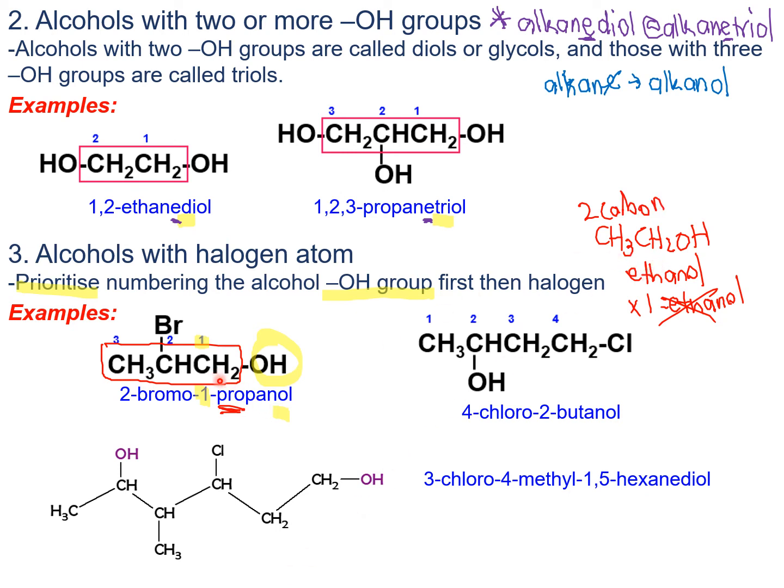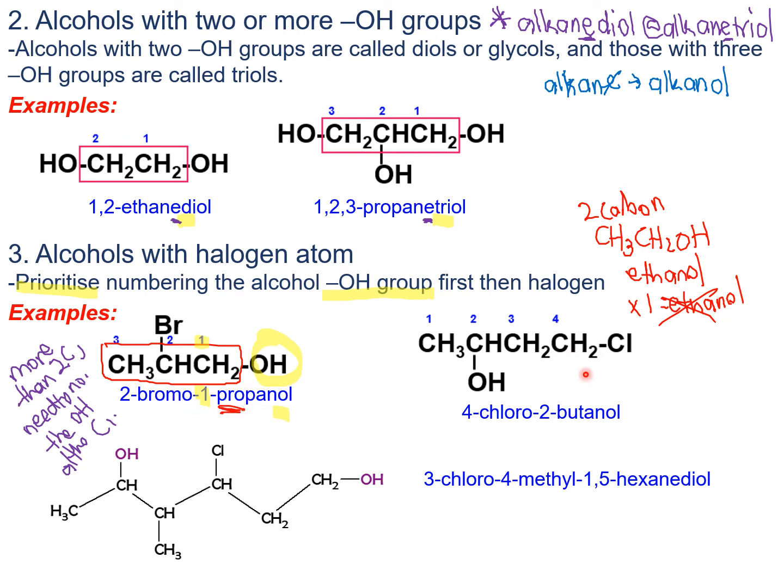This one you name ethanol. You don't need to write 1-ethanol. Why? Because here it has only 2 carbons, so there's no need to number it. Since there are 2 carbons, it's certain that the OH is on the first carbon. But in this case, you need to indicate the number of your OH because here it has more than 2 carbons. Only if it has more than 2 carbon atoms do you need to number the OH, although the OH is on carbon number 1. Like this: 1-propanol.